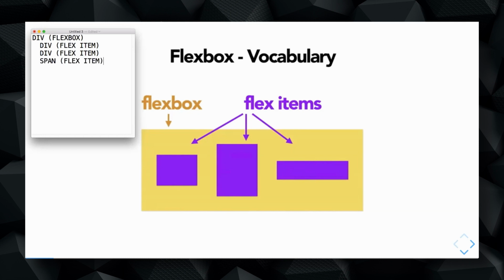All these are the children of the div because they come right after it, and they automatically become and behave as flex items. And inside these elements, we might have other elements that do not become flex items.